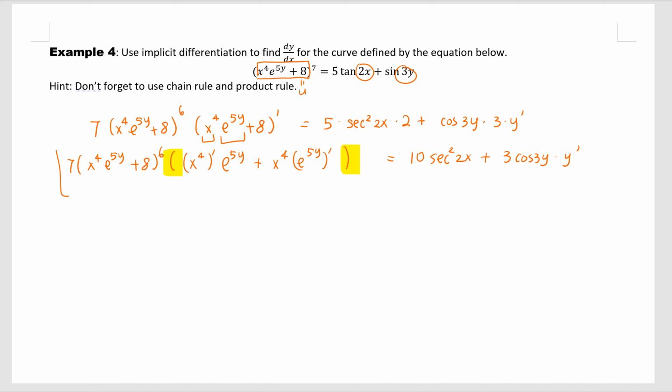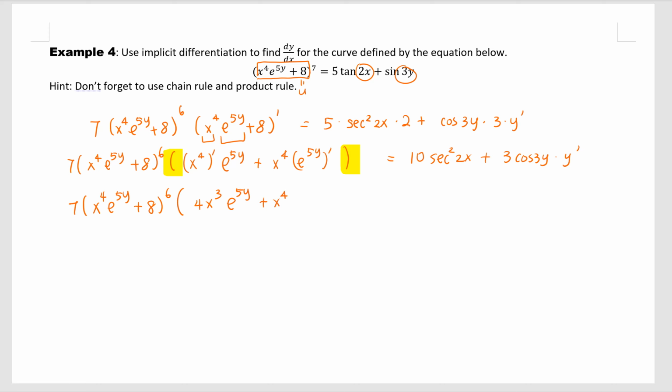You see, this is actually one term because it's multiplication. But in this term, we can continue. You see, we haven't gotten rid of all the primes yet, so we need to continue. So the derivative of x to the fourth is 4x cubed.